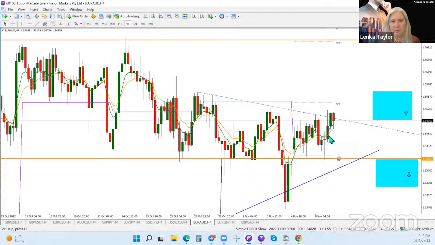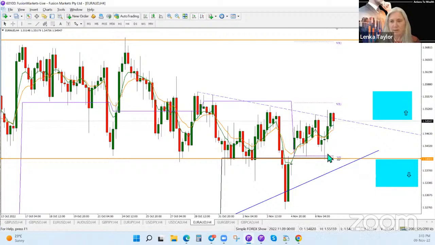So I would prefer to look for the price to break above, and then come back, retest that, and go long from there. Alternately, if this does come back underneath, and instead of just giving us a false break like there, if it actually does have a bit of momentum behind it to go short, then looking for the pullback and look for a short opportunity there.